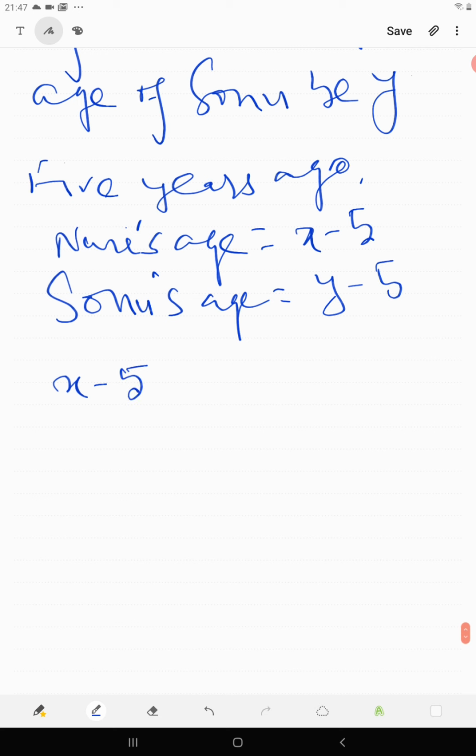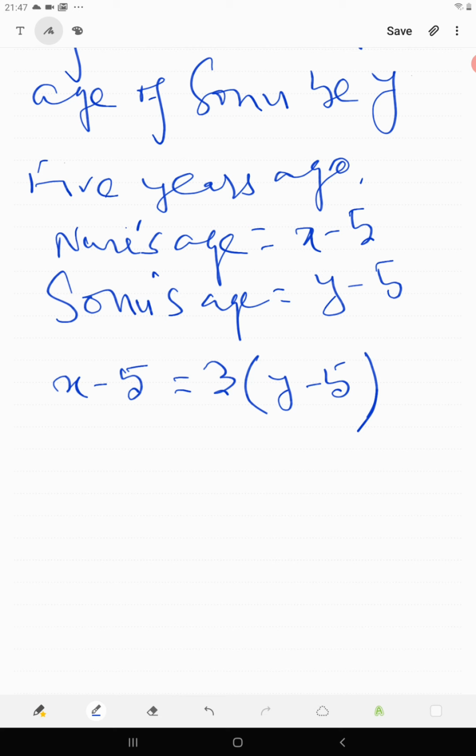So Noori's age was X minus 5 years ago. For was there will be equal to, and then thrice as old as Sonu. That means whatever Sonu's age was 5 years ago, thrice of that. So 3 into Y minus 5. As simple as that. This is how to break the problem. It's very important: whenever a word problem is there, you have to break it down.